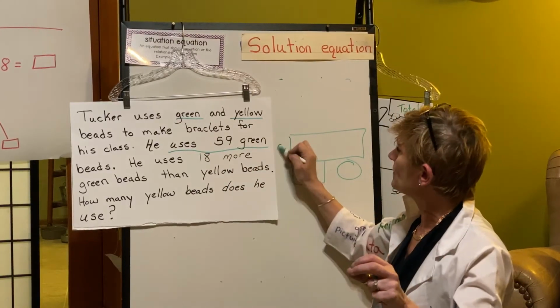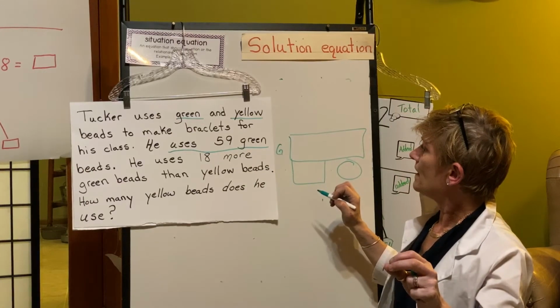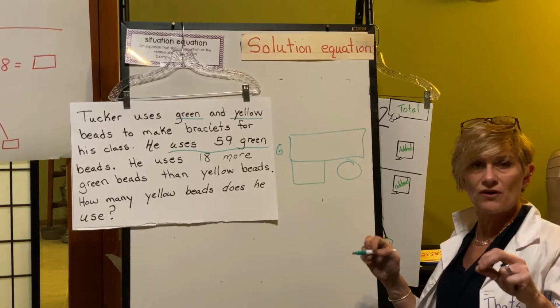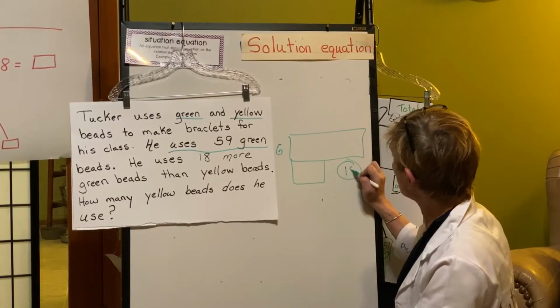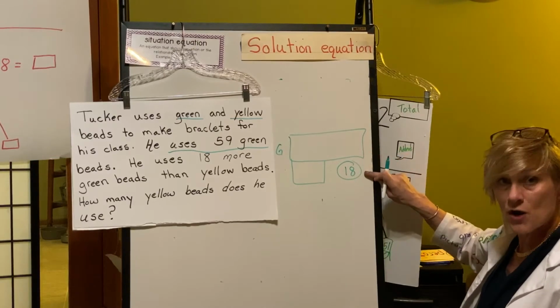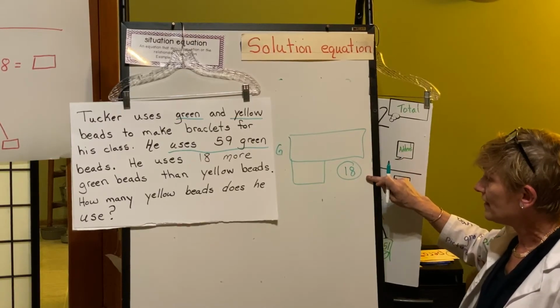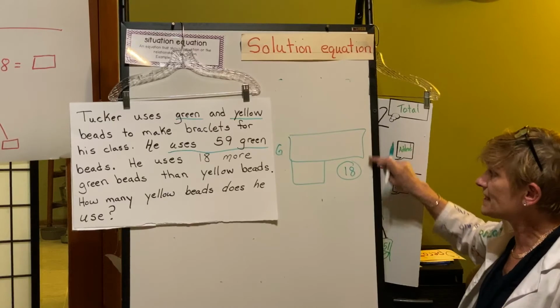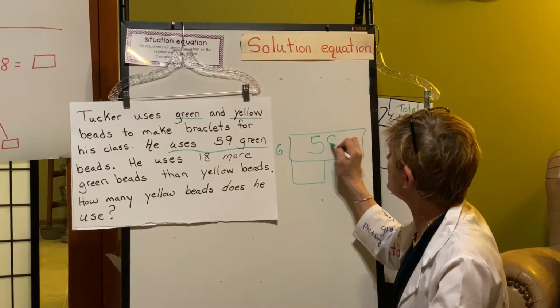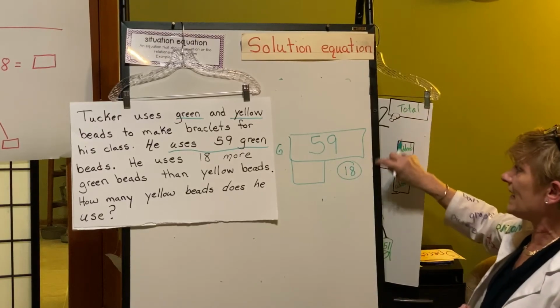It says he uses 59 green beads. And that was 18 more. He uses 18 more of them. So 18 we know goes in the circle. That circle is our more and our fewer. And if he uses 18 more green beads, that means he's got 59, and that's 18 more.